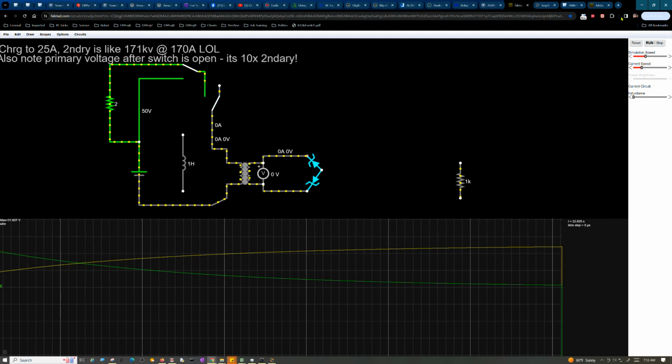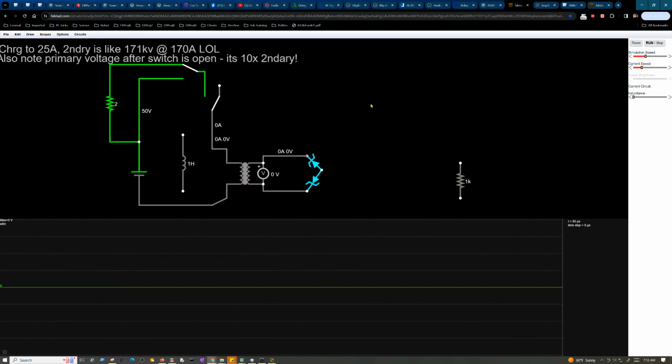So let me go ahead and reset the thing just for shits and giggles. Let's get this thing charged up fast. Okay, I'll take it at like 10 amps so you can show a little more practical. There we go, 10 amps. Okay, now let's see what happens with these diodes.